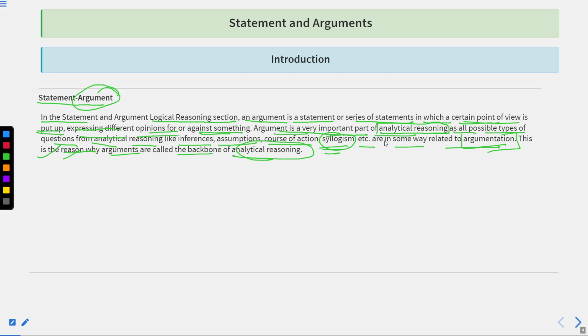So you need to understand, my dear students, that whenever we're talking about this type of logical reasoning portion, why we are developing this, why even the competitive examinations are asking for questions related to assumptions, syllogism, statements and arguments, it is because they are testing our analytical reasoning skills. And analytical reasoning skills are very important whenever you have to do some work in which analysis of the work is important.